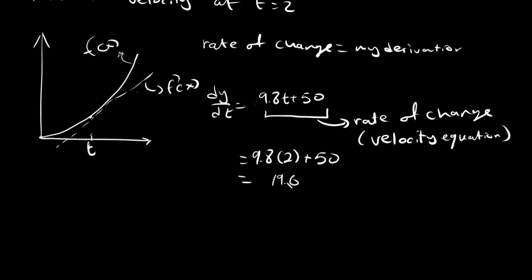That's right, 19.6, plus 50 gives us 69.6. All right, I don't have my calculator with me right now, so I'm just doing everything in my head. So this is our velocity at t equal to 2.